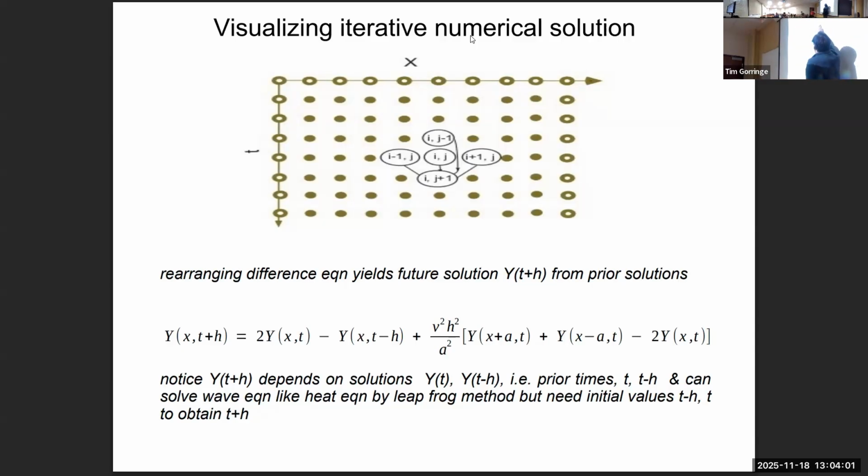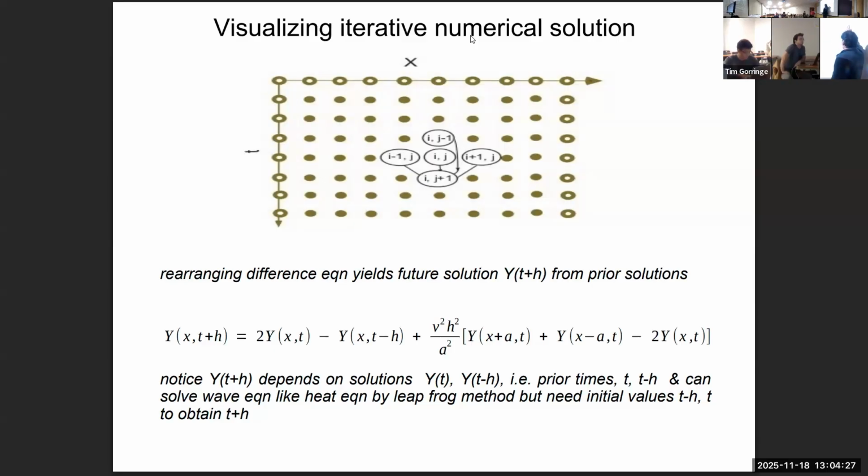Here's a moment I'm capturing in the calculation where I'm going to calculate this value of the wave function at this position. So it's at some moment in time, and it's at some location on the string in this discretized space.